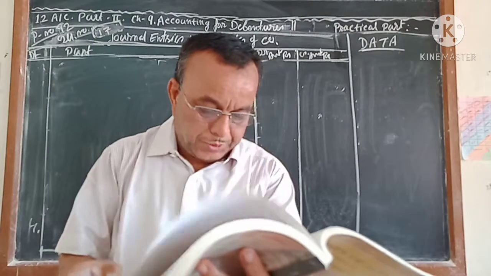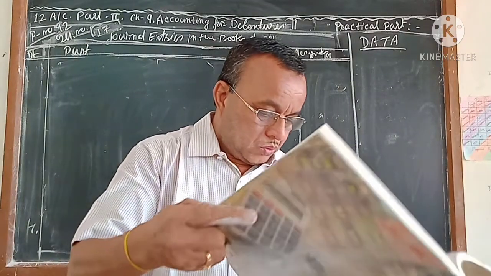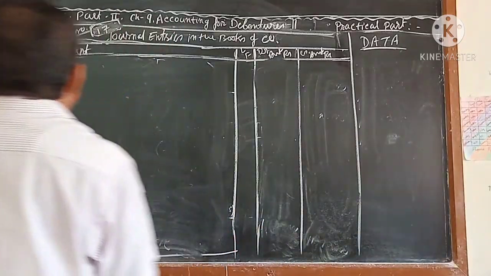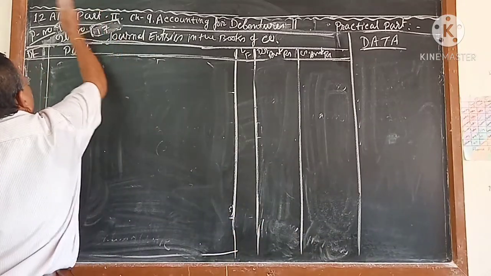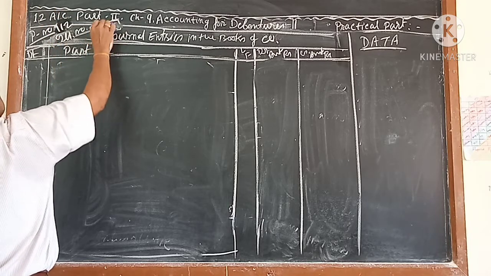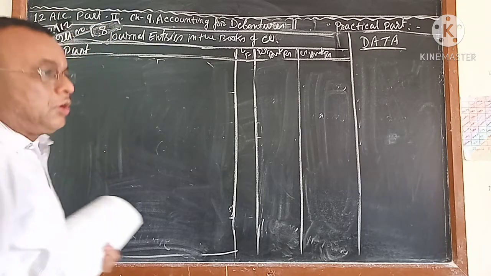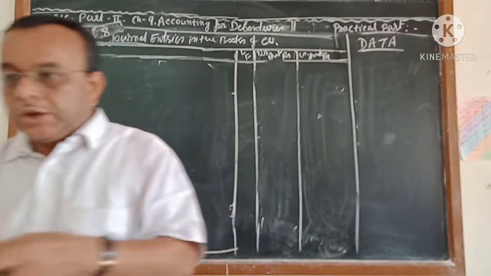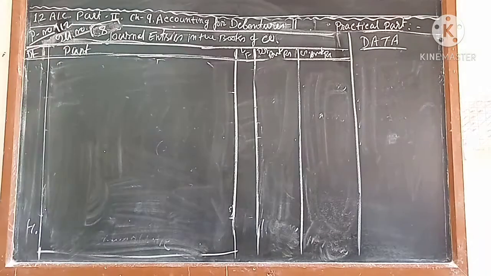Let me say which exercise questions we are going to start. Coming to page number 112, question number 8. From 8 onwards we will start. Let me do the 8 first. After that I will tell you the 9, 10, whatever it is.